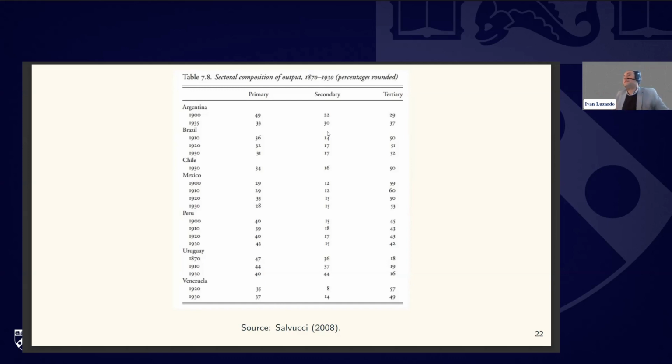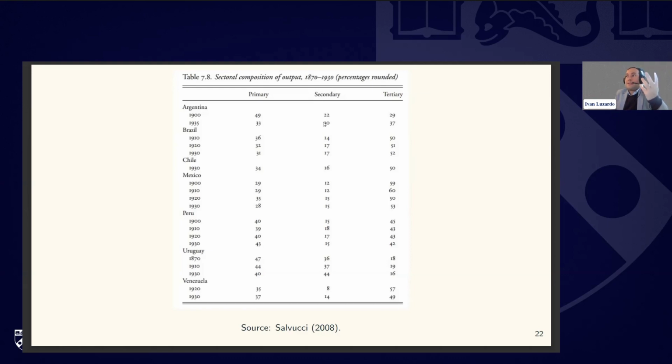So what we can see here is the share of the secondary sector, so basically the manufacturing sector, in the industrial composition. And what we can see is that, for instance, in the case of Argentina, the secondary sector accounted for around 22% of the industrial composition by the turn of the century. That share increased up to 30% in 1935.